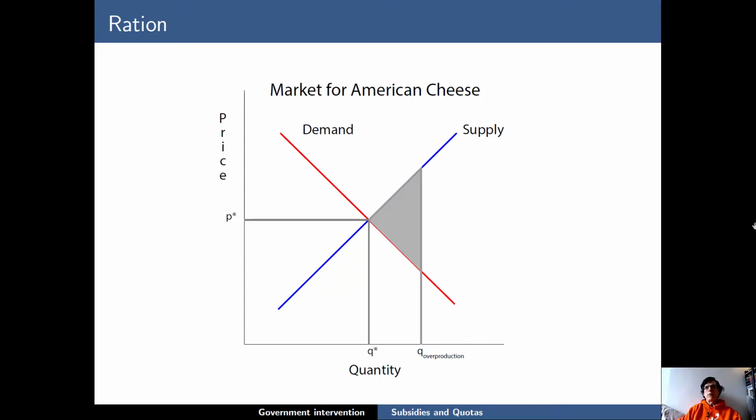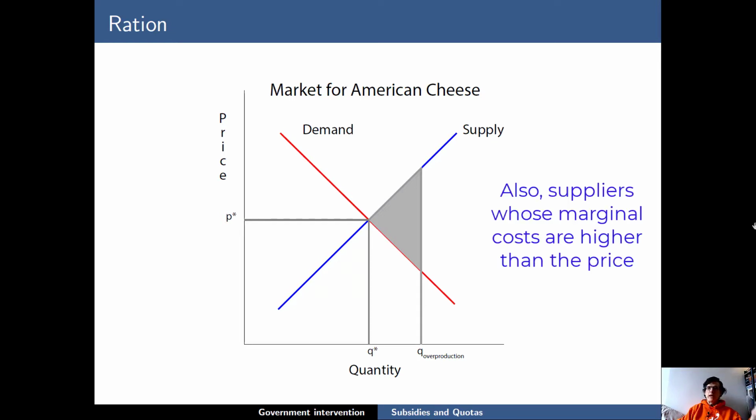So even though it looks like it's overproducing, and that overproduction would supply more to the market, we're actually being inefficient, because this area is full of people whose willingness to pay is lower than the price of the item or the marginal cost of the item. So these people are generating negative economic surplus.